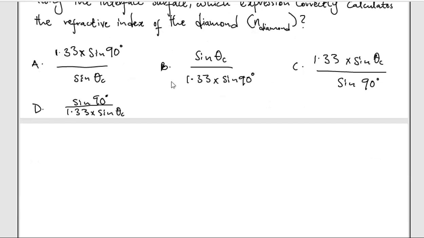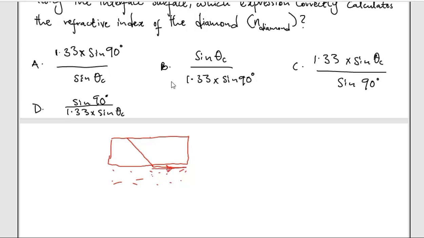So once again, let's say this is our diamond. So solution, this is our diamond, and this is the water. This side is full of water. So basically, the light is coming from diamond, and when it hits here, it moves along the surface in this direction. Pardon my diagram.